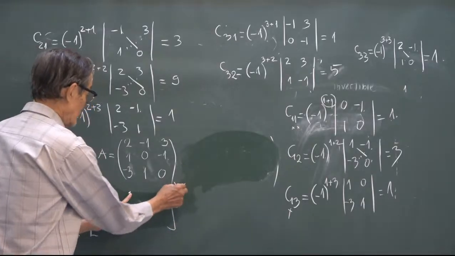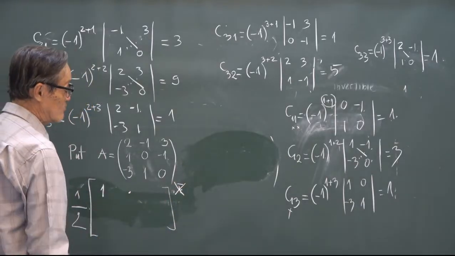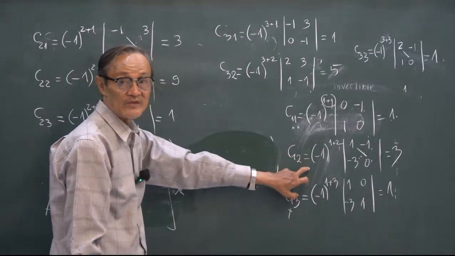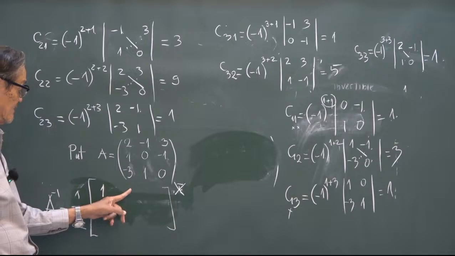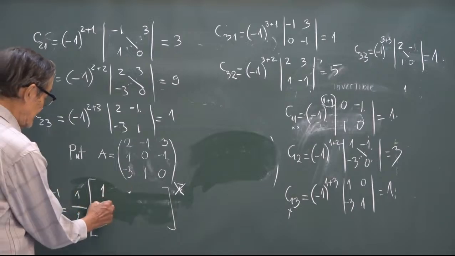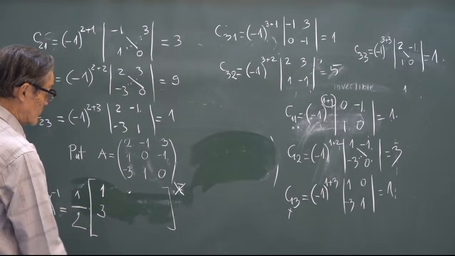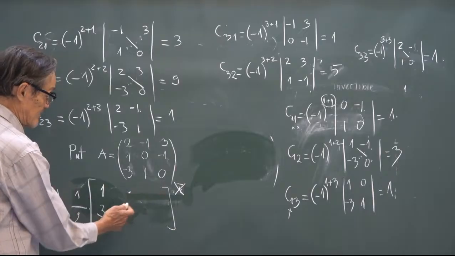So we write here C12 instead of writing here. We write here C13, which becomes 2 here.